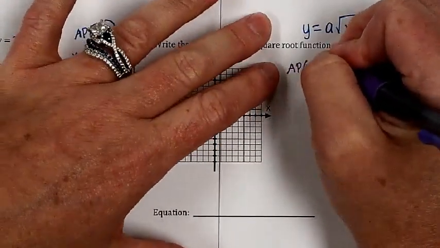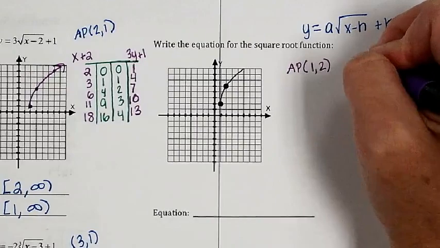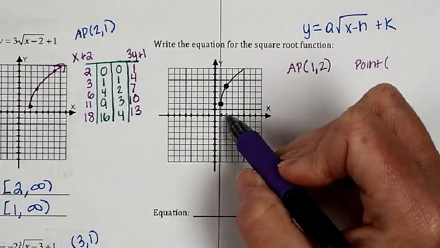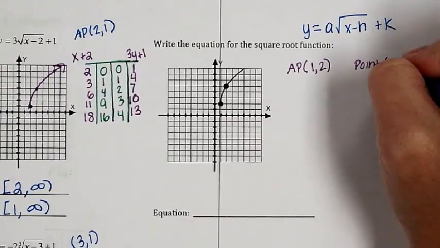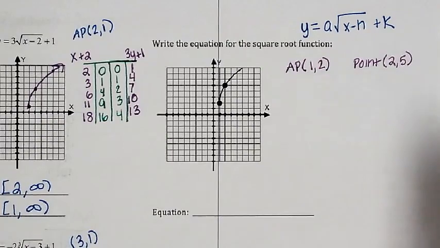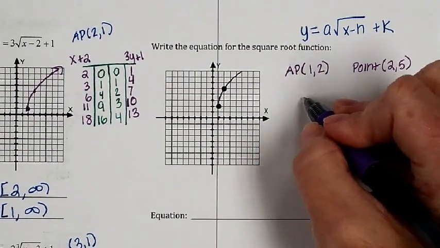And the point that I'm going to use is right here at 2, 5. So we're gonna plug in the point for x and y and the anchor point for h and k.